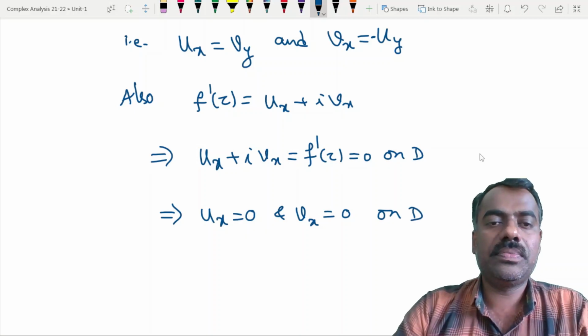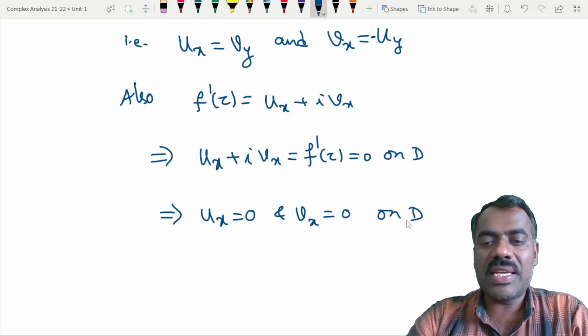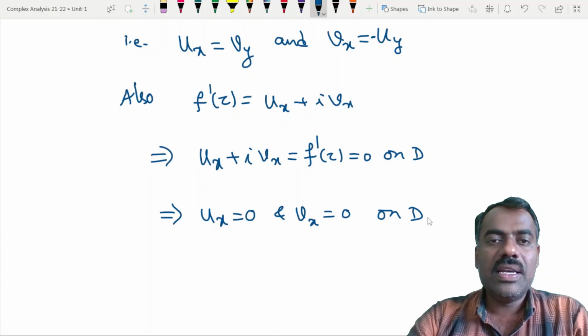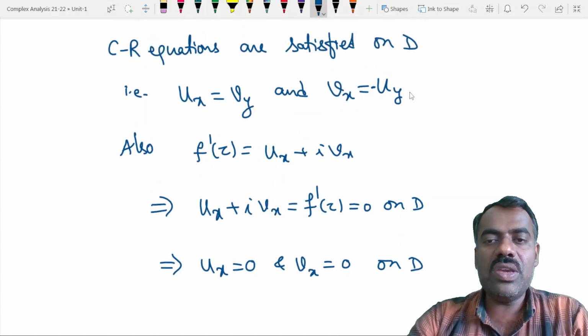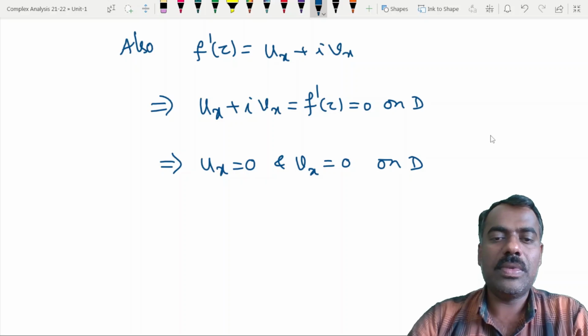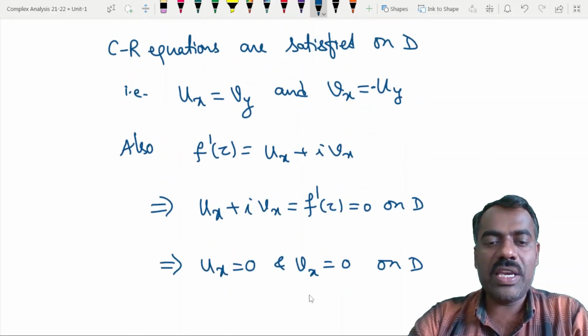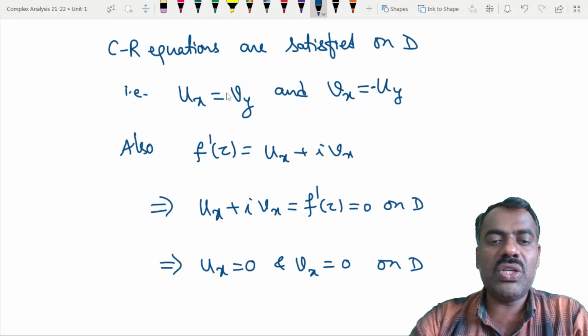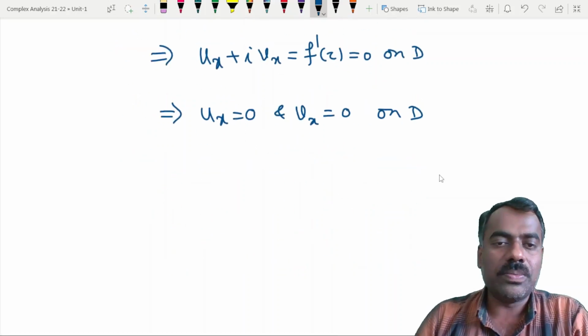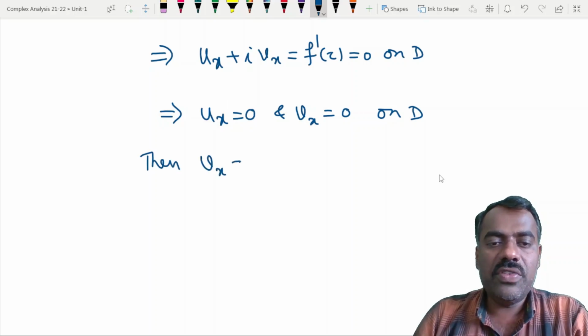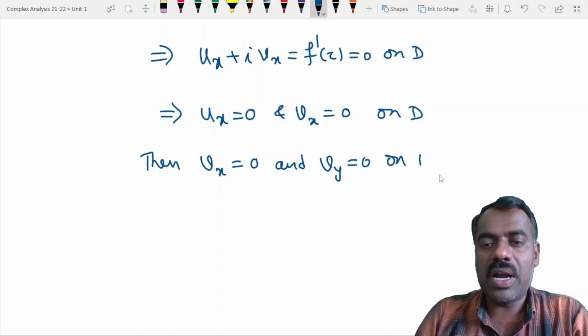So ux and vx are 0 on D, and using the CR equations, vy and uy are also 0. If ux is 0, then vy is 0, and vx is 0 means uy is 0. Then vx is also 0 and vy is also 0 on D.